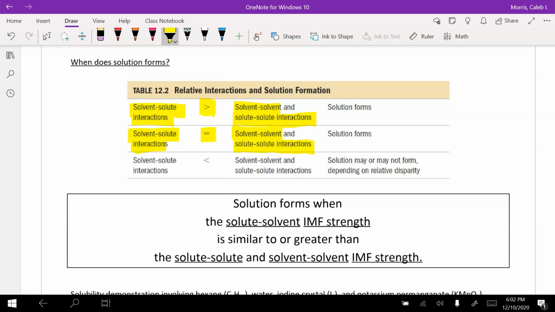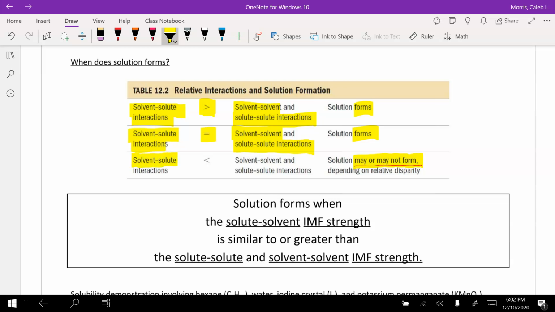Okay, so we have to look at how they compare. In both of those cases, it would form. The other case, it says it may or may not form, so it kind of depends on circumstances, but we can make some predictions about it.